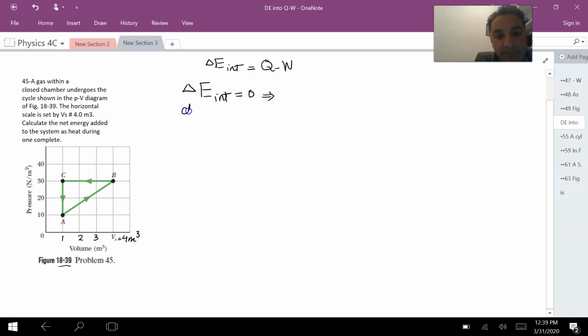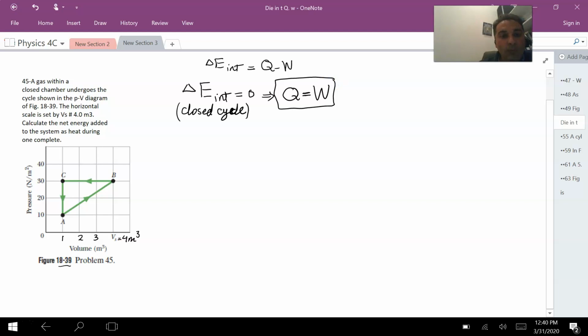Because it is a closed cycle. Therefore, if delta E becomes 0, substituted in this equation, Q will be what? Work done.